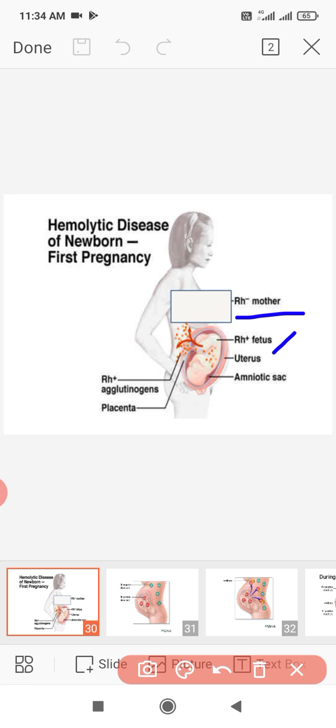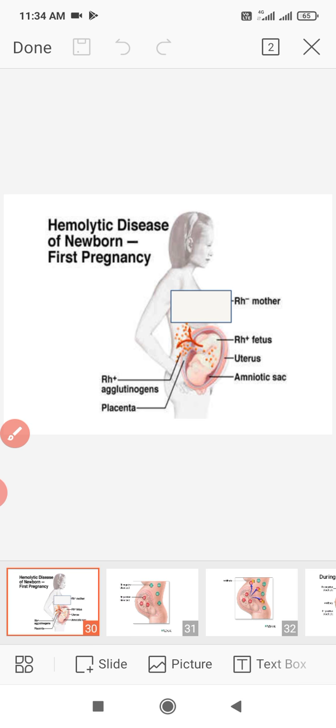That means the fetus has the RH antigen. The mother's blood has no antigen D. Clear? The fetus has antigen D and the mother doesn't have antigen D. So now what will happen?